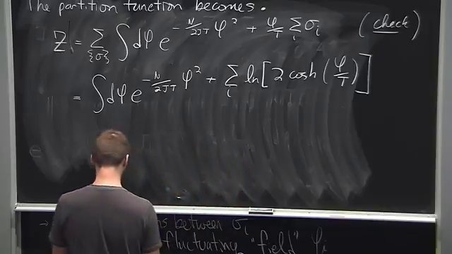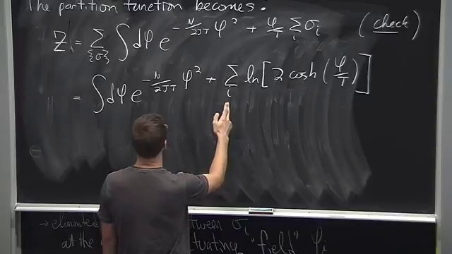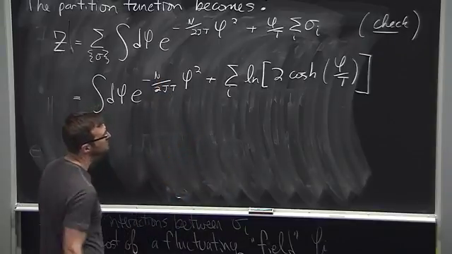Double check everything here. That sum just gives you a factor of N. This is what happens here. You get an N in front and an N here.